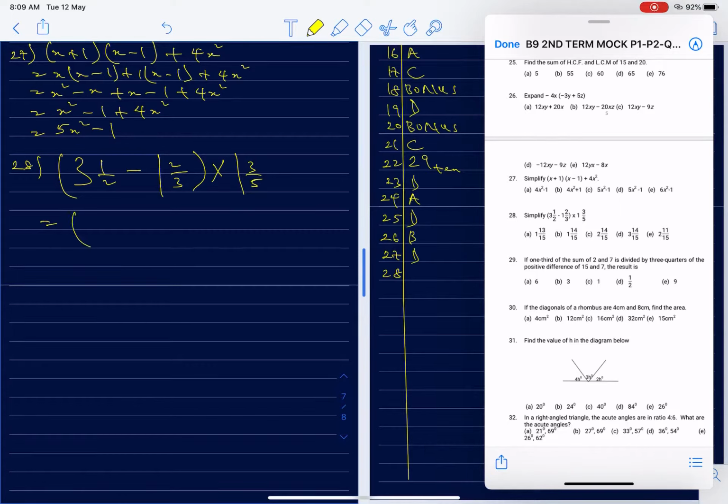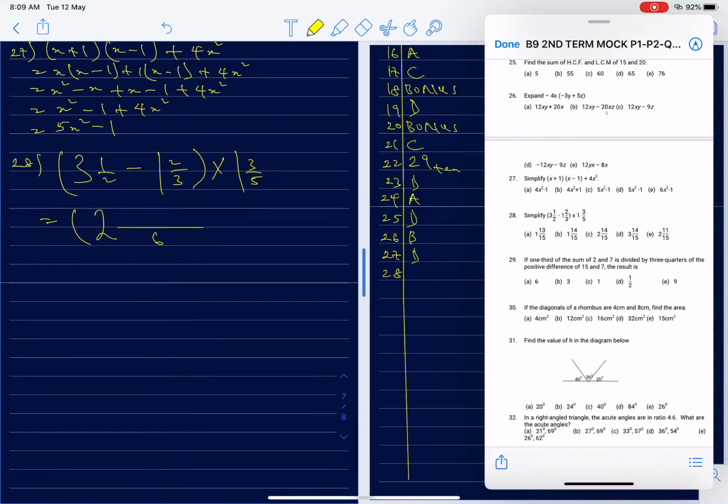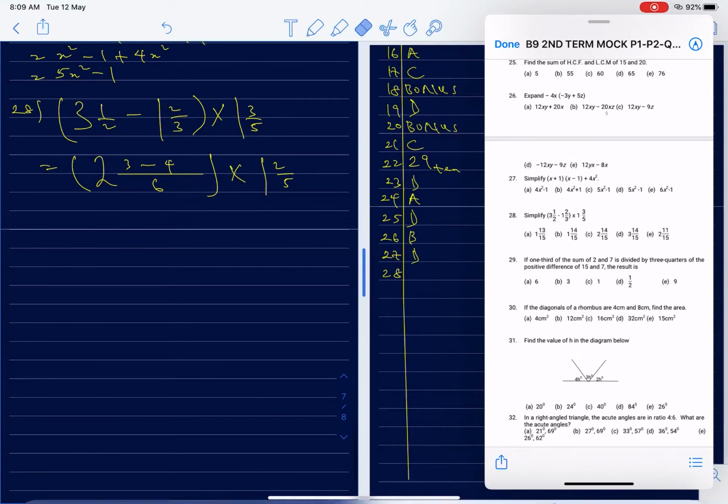3 minus 1 is 2. The LCM of 2 and 3 is 6. 2 in 6 is 3 times 1 is 3, minus 3 in 6 is 2 times 2 is 4, times 1 and 2/5. Of course, we are multiplying, so we change this to an improper fraction. That's 8 over 5.